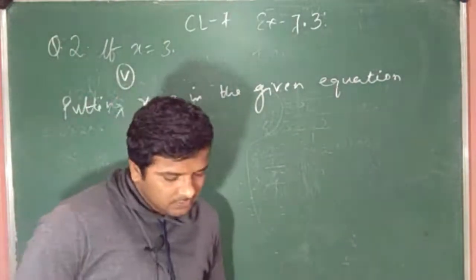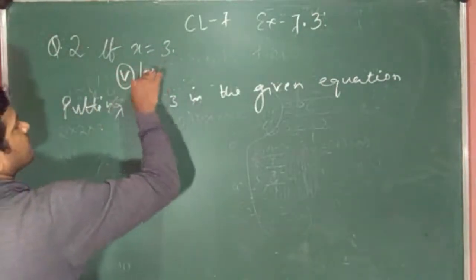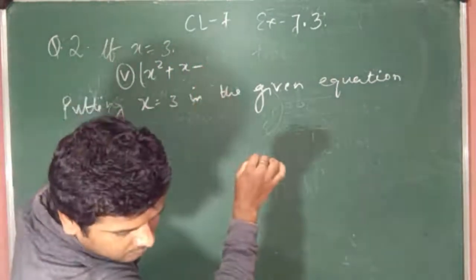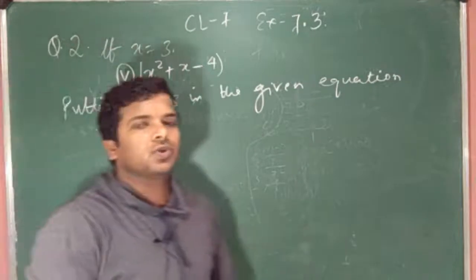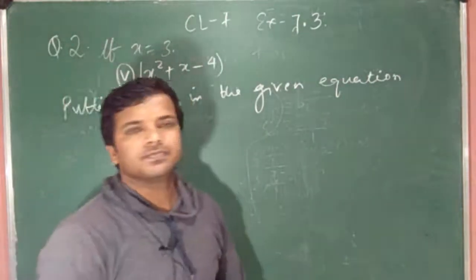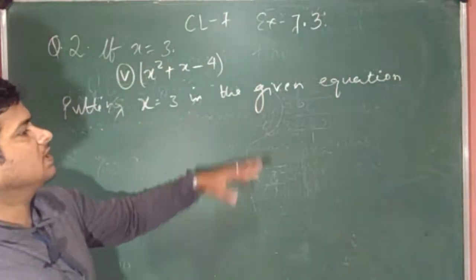Roman number 5, x square plus x minus 4. Same thing, putting x equal to 3 in the given equation.